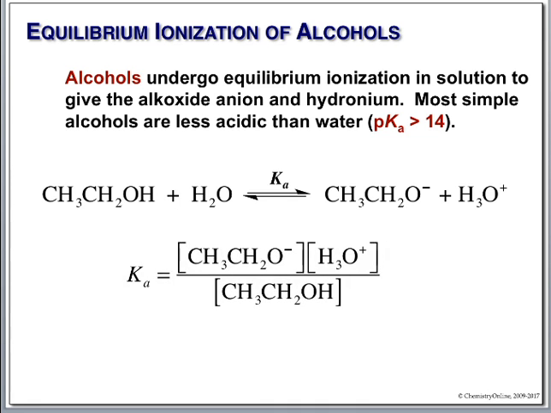For ethanol, this equilibrium constant is very small, 10 to the minus 16. Remember, water on a molar basis is 10 to the minus 15.7. So it's equivalent to the acidity of pure water on a molar basis. This is not very acidic.